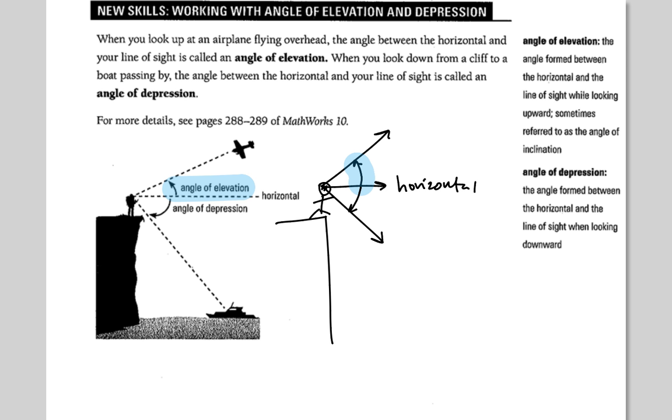And I'll use red for that because you're feeling down, you're looking down, angle of depression. So that's an easy way to remember. But the most important thing is that you're going from a horizontal reference point, because how else do you know where to start? So the horizontal is your reference. If you go up, it's an elevation. If you go down, it's a depression.